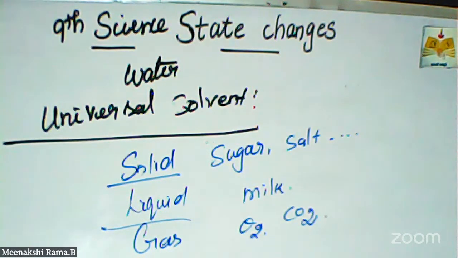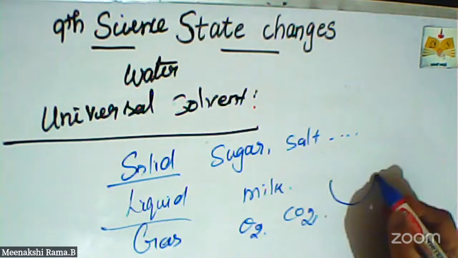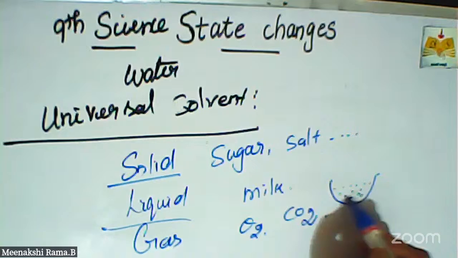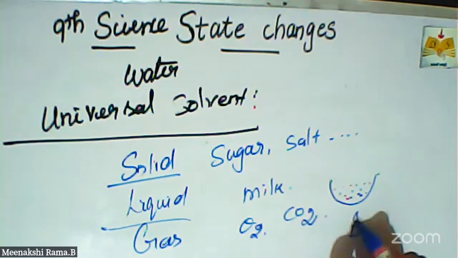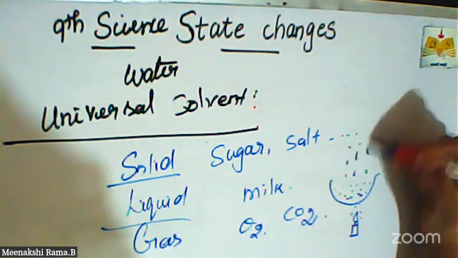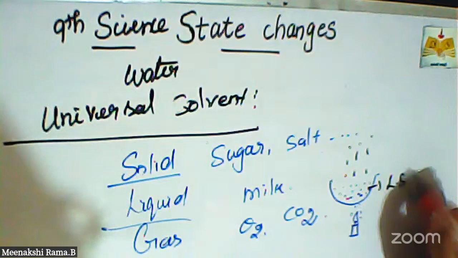Okay. So when we observe the number of concentric rings, I'm going to do one experiment. We want to heat the water. When the water is heated, the water is changed into gas. This is the liquid state.